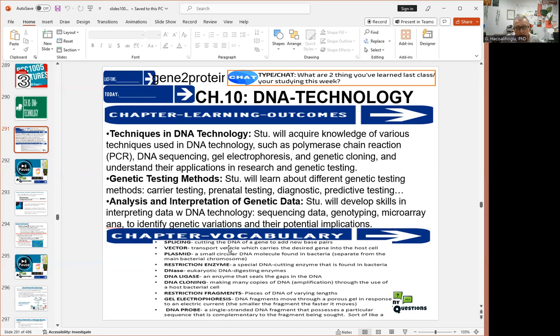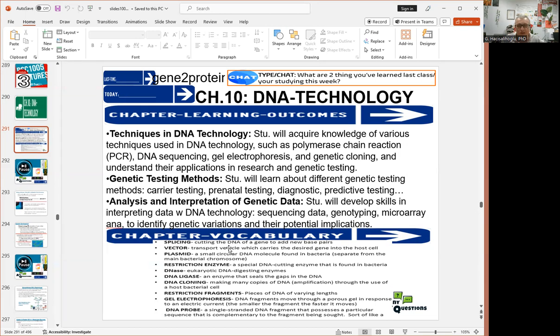Restriction enzymes, special DNA cutting enzymes found in bacteria, unlike DNase, eukaryotic DNA digesting enzymes. DNA ligase, an enzyme for sealing and gluing things. DNA cloning, making more copies of a DNA, amplification through use of a host bacteria cell.